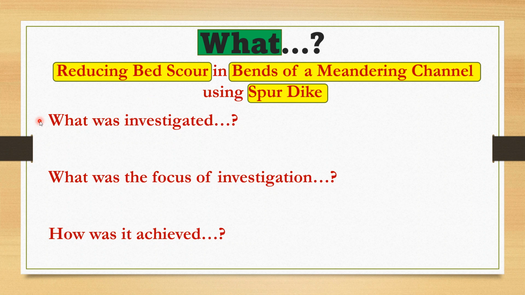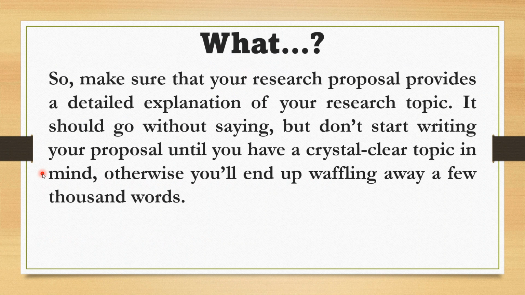So basically, whenever you are going to plan a topic for your research proposal, you have to think about these three questions: what you will investigate, what is the focus of your investigation, and how you will achieve it. Your research topic must answer these three things. If any one of them is missing, then your research topic will not be a complete one. Make sure that your research topic is a detailed explanation of your research.